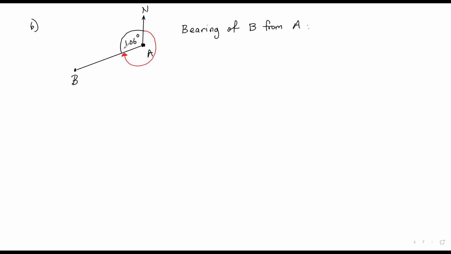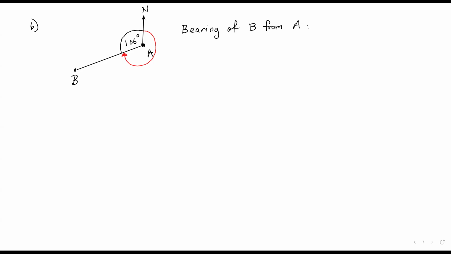In all of these examples so far, it's simple diagrams. But when you see it in a complicated diagram with triangles and all sorts of different things, you have to be able to correctly identify the bearing. So the bearing is always the clockwise angle between the north line at your starting point and the line connecting the two points that you're interested in.